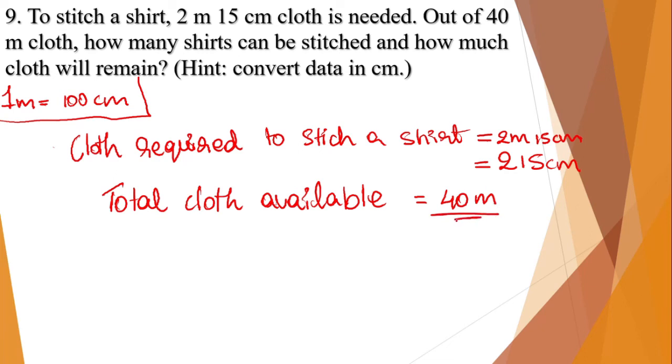Now we should convert 40 meters in centimeters. So 40 meters we should convert it. Now we know that 1 meter is equal to 100 centimeter. Then 40 meter will be equal to 40 into 100 centimeter. Right. Now we can ignore the 0. At last we can add it.